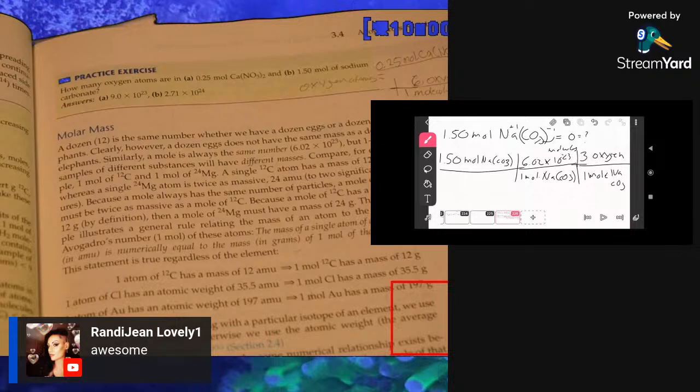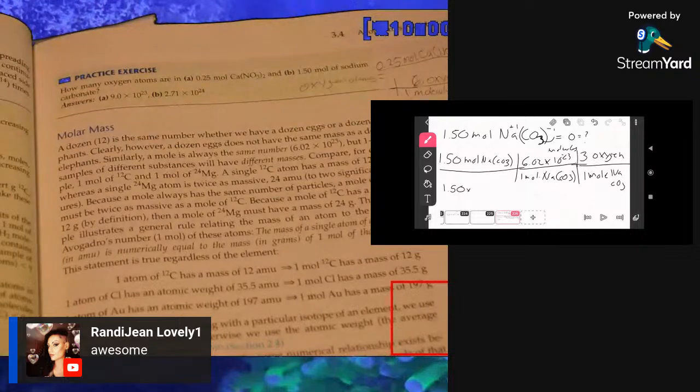You see that right there? Just by definition, you should know what carbonate is, CO3. And then again, you get 1 times 1 equals 1. All right, so now that's the answer, right? Then we get the number. So then you get 1.50.